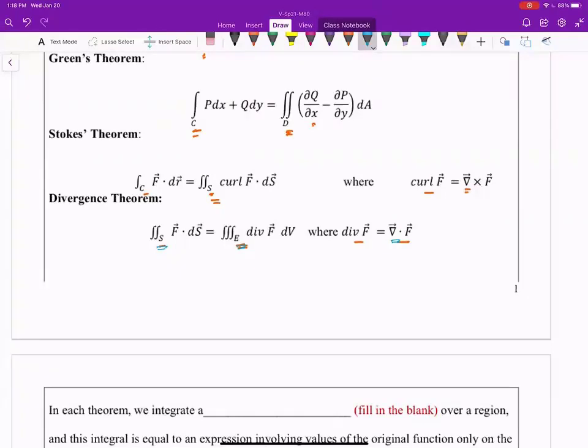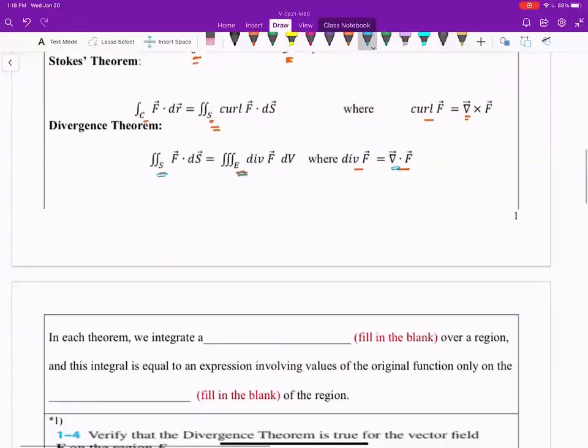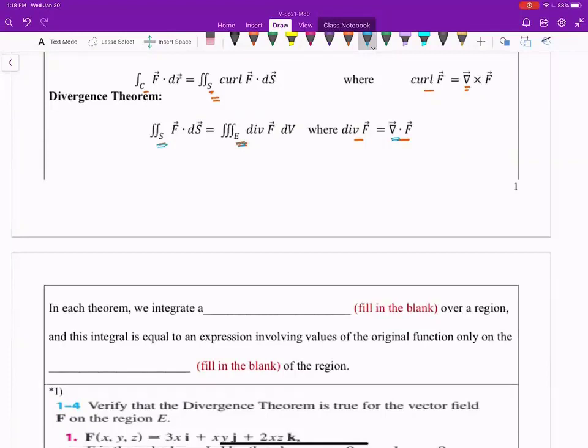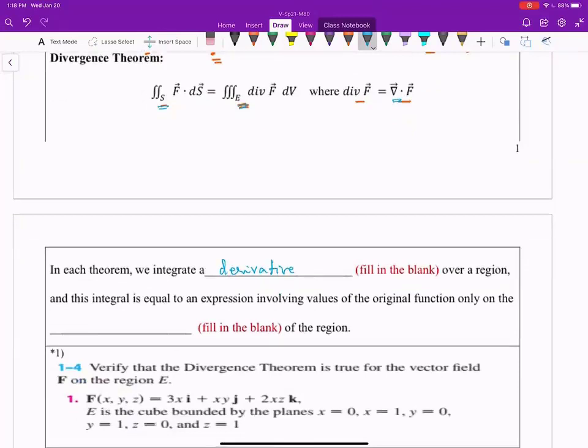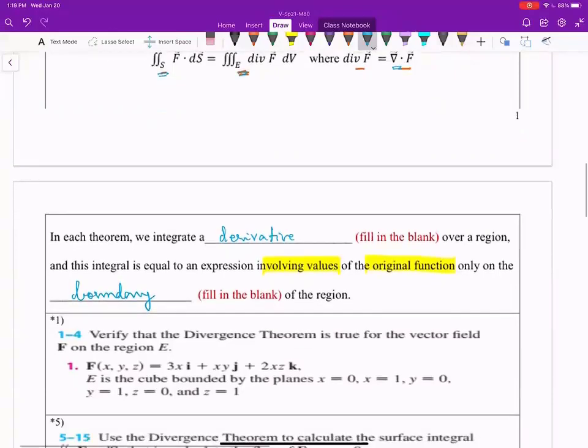In each theorem, we integrate a derivative over a region, and this integral is equal to an expression involving values of the original function only on the boundary. That is the beauty of all these theorems that we have seen so far.